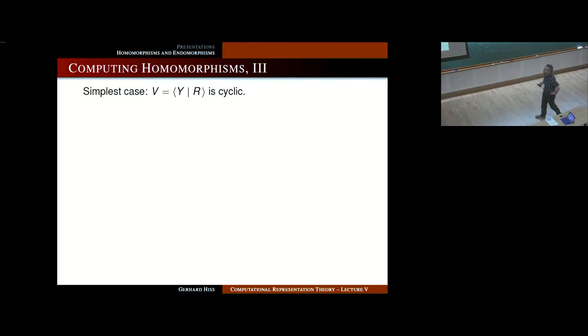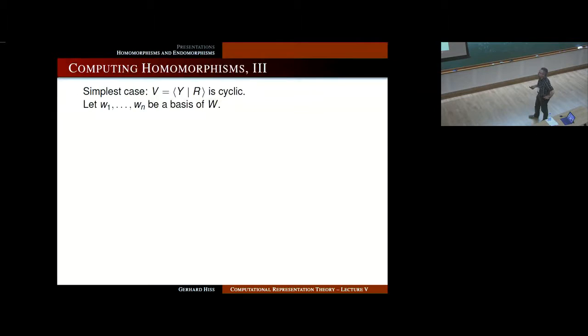So let us just look at the simplest case. Suppose that V is a cyclic module, so generated by one element, with a set of relations, so the set of relations can be larger. One element.